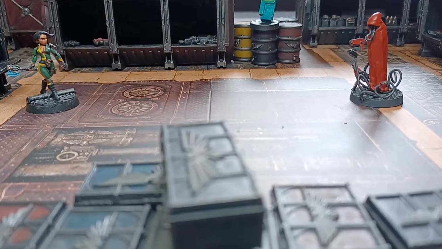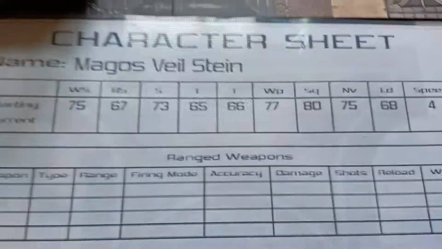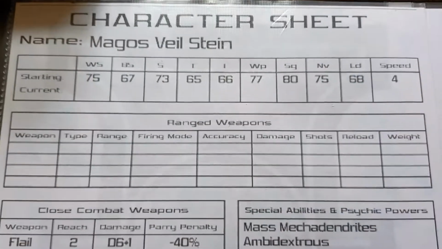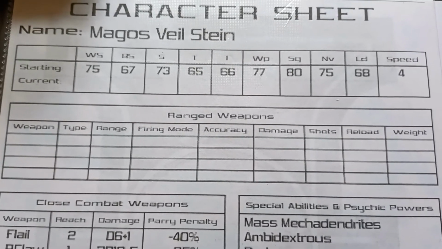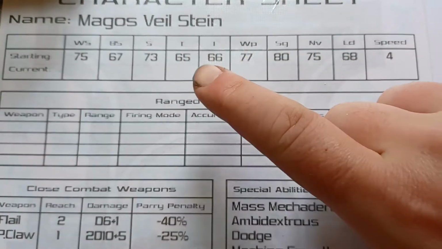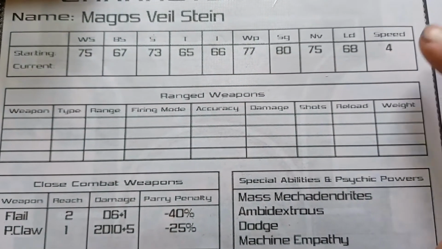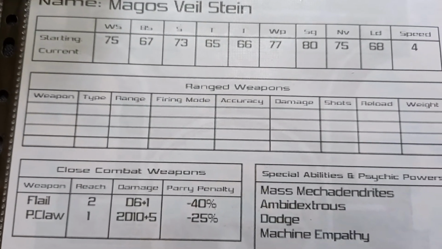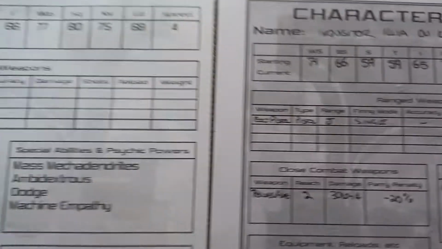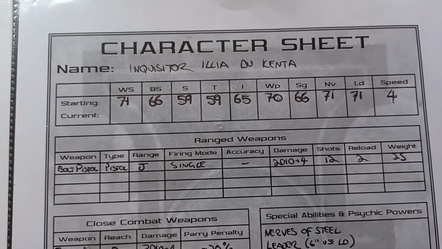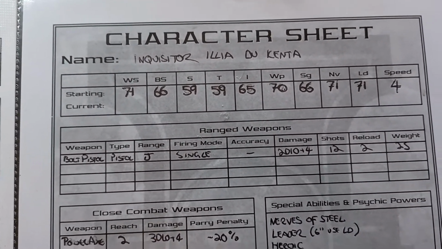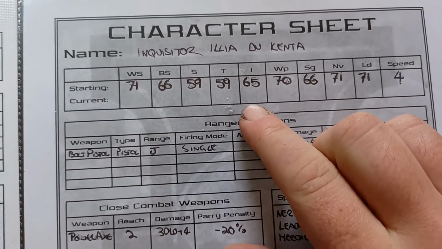This is where speed comes into its own. Every character has a speed value, which is determined by your initiative. MarcoSkoll's initiative is 66, which makes him speed 4, because it's divided by 20 plus 1. Whereas Inquisitor Turn is initiative 65.